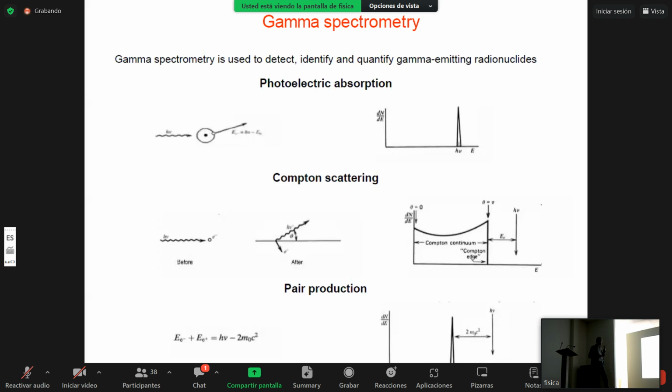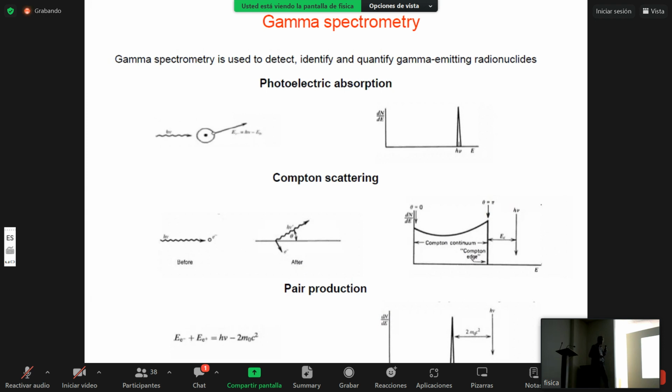In Y, this is intensity, the number of counts, and here in X you have an energy, an initial energy of the gamma ray.